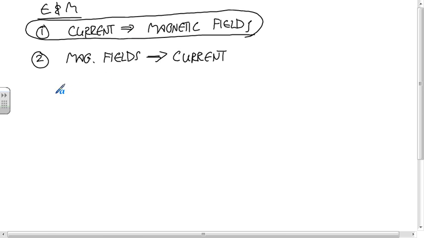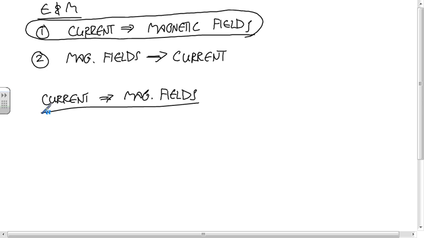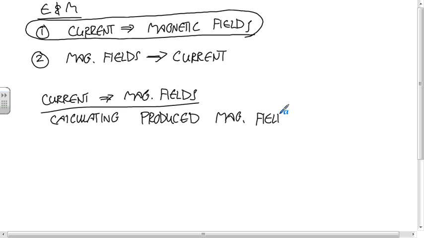So the trickiest thing, now we're talking about current producing magnetic fields. We're going to be calculating the produced magnetic field vectors, and those are always called the B vectors.